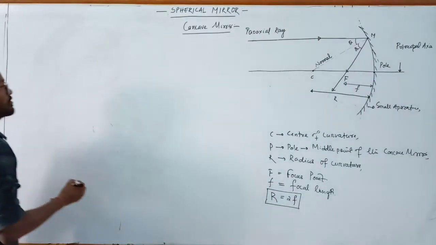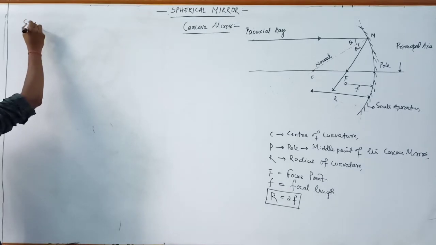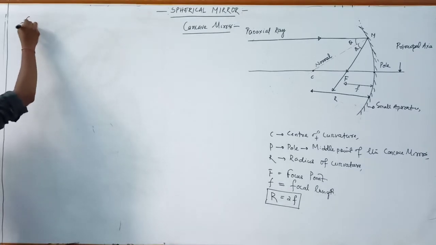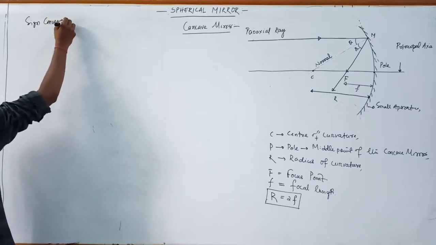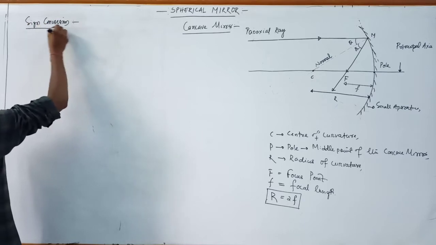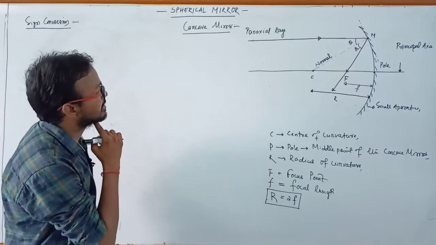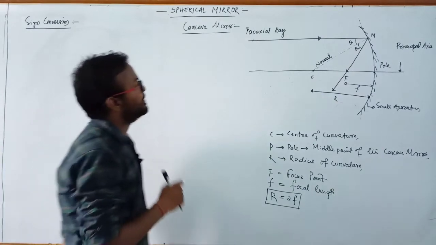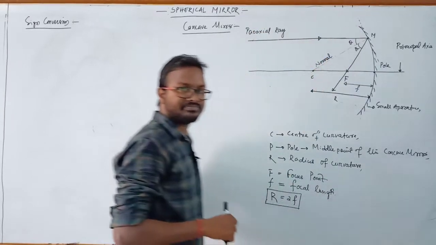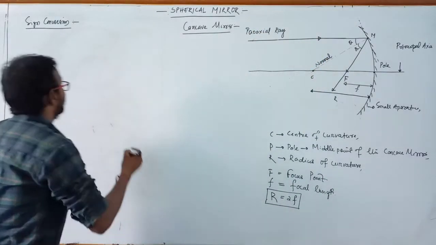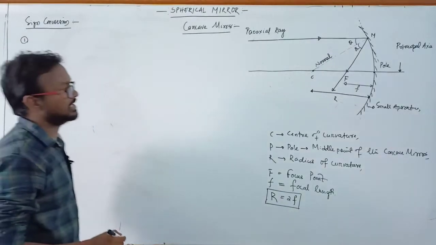Now we will discuss sign convention. If the ray starts from the left side and goes to the right side, then the first point of the sign convention is the pole.